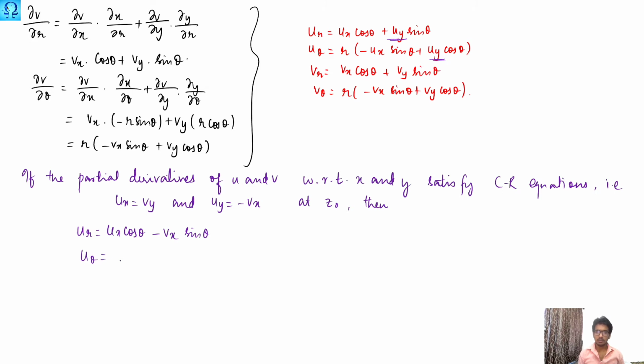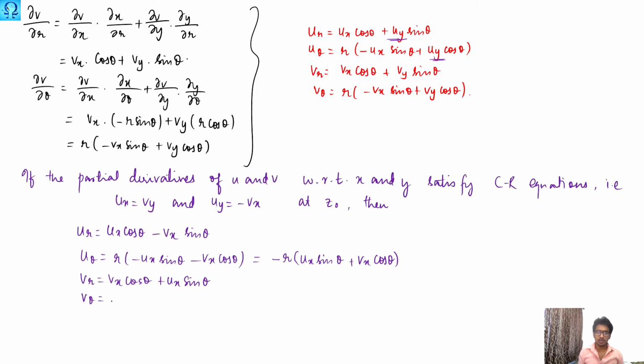And then u theta may be written as r multiplied with minus ux sine theta, and uy may be written as minus vx cos theta. So from which we shall take minus also outside. So when we take minus outside, this becomes minus r times ux sine theta plus vx cosine theta. Then vr may be written as vx cosine theta plus vy may be written as ux, so ux sine theta.